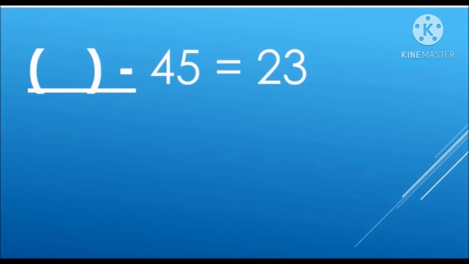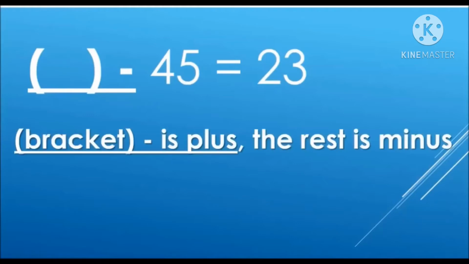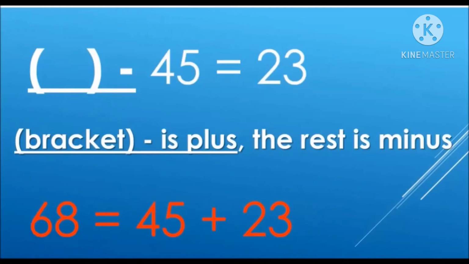So we know that if the first two in the equation is bracket minus, to find the missing number, we need to plus, because bracket minus is plus. So 45 plus 23 is equal to 68. So the missing number in this equation is 68.